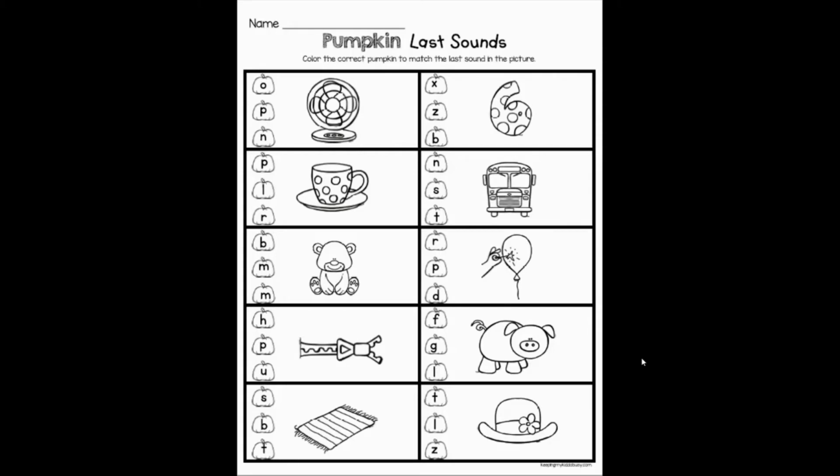We practice blending and segmenting, so I have them segment their words, and I have them put up 3 fingers and they say f, and then I hold on to that last finger and I say, what's that sound? Ending sound. And at the end, I also have a card that I use sometimes, and I'll show you that too. But I love that their fingers are always there and ready, so they have something concrete to hold on to with that last sound, so they know exactly which sound you're talking about.